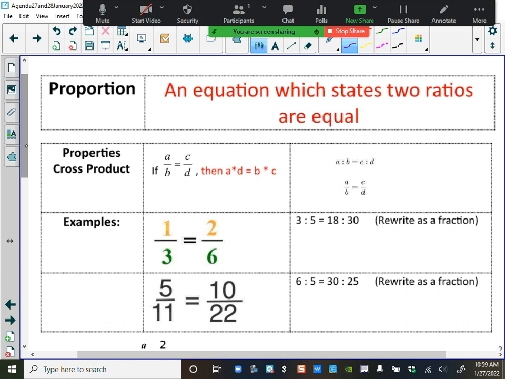Now, I showed you some examples. Sometimes you might see your ratios in colon form. You can rewrite them as fractions.